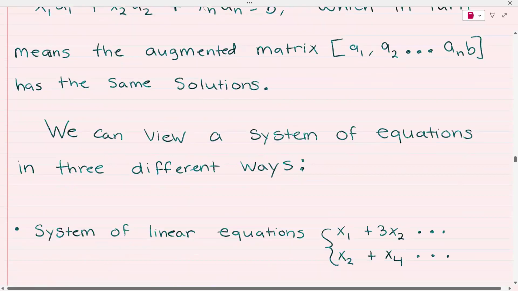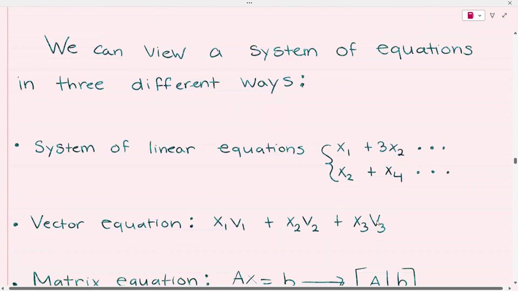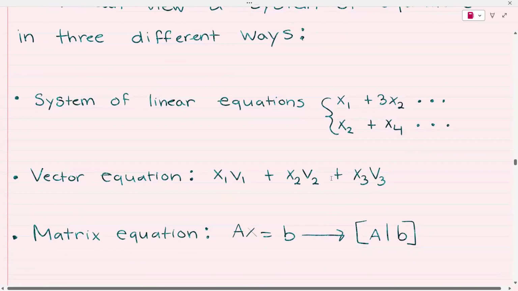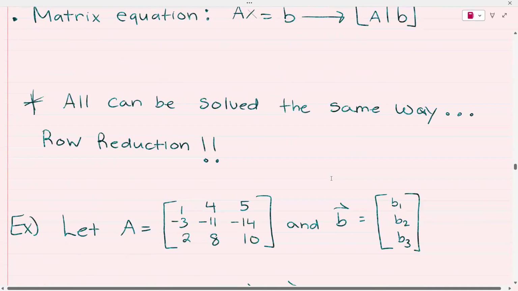So we can view a system of equations three ways: system of linear equations, vector equation, and matrix equation. All can be solved the same way with row reduction.